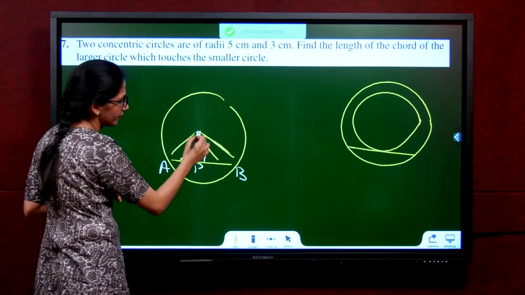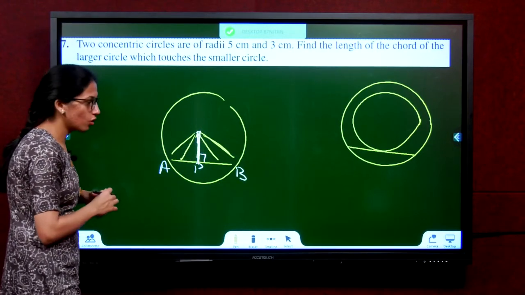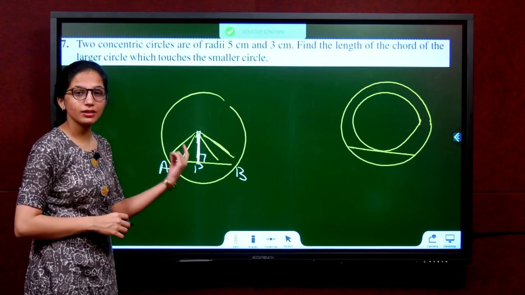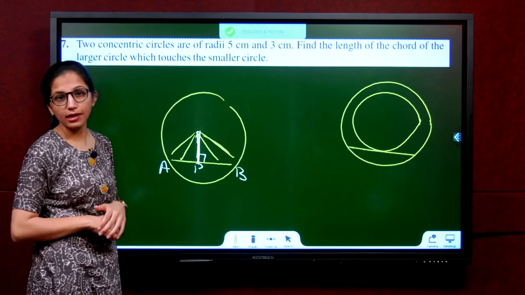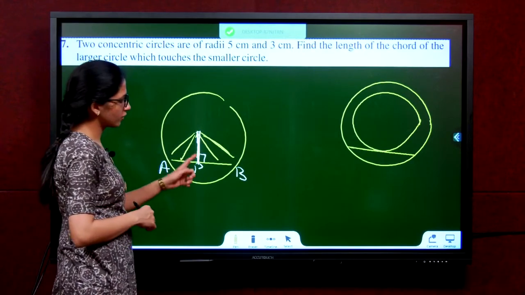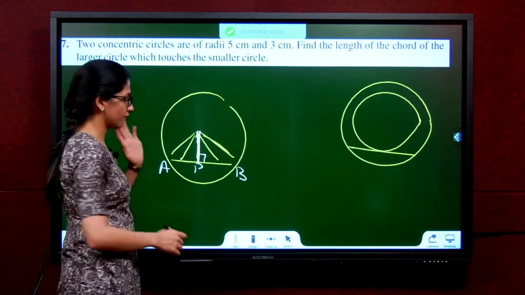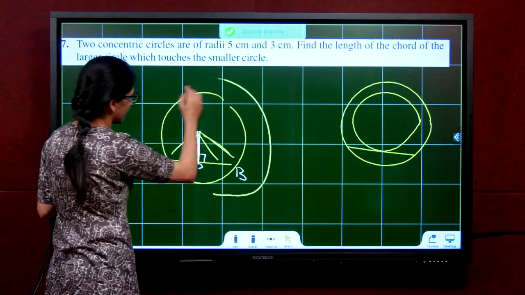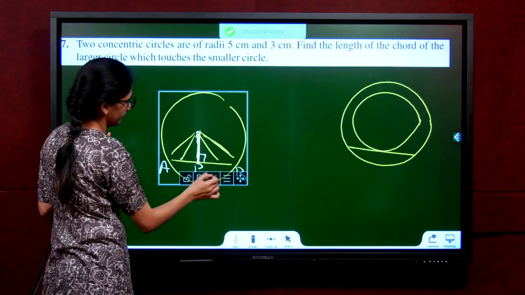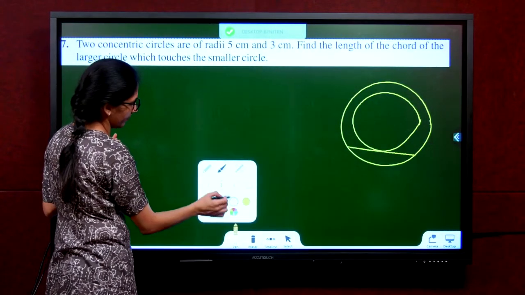Do you remember? Yes. So, the perpendicular to a chord that also passes through the center bisects the chord. We did this. I hope you remember.